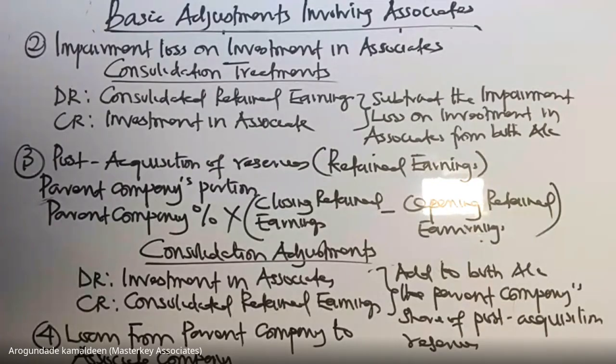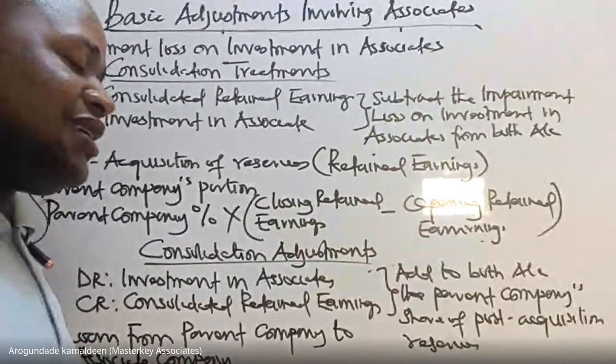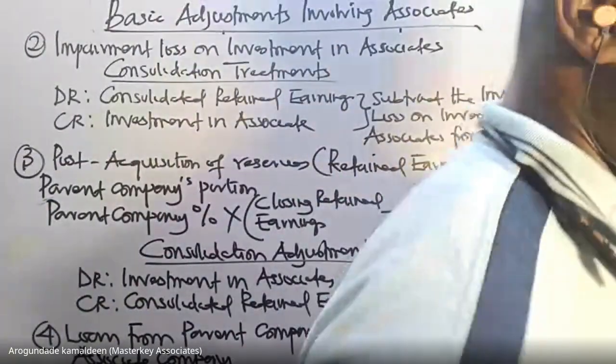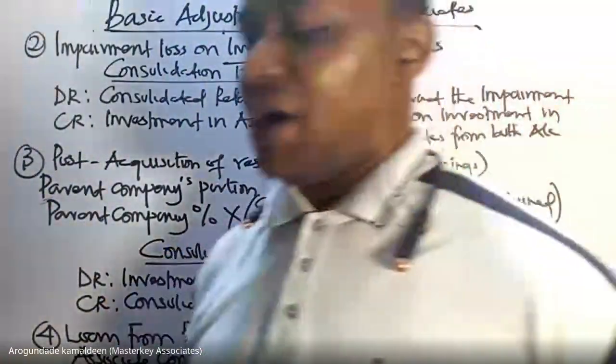Okay, Mr. Edwin, go on. I don't know, that was the one that joined the lectures late. We started the IFRS 15 revenue from contract with customer last Saturday. No, Saturday is IFRS. Tuesday is the other aspect of your FR.